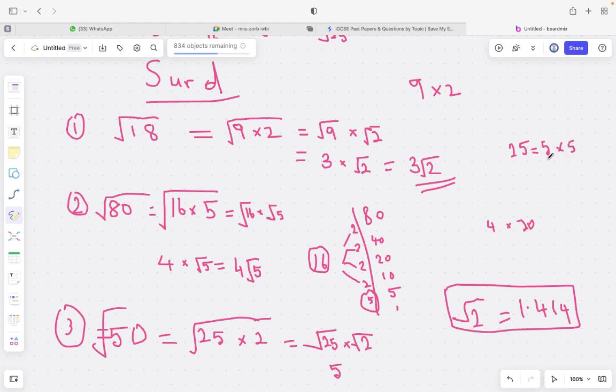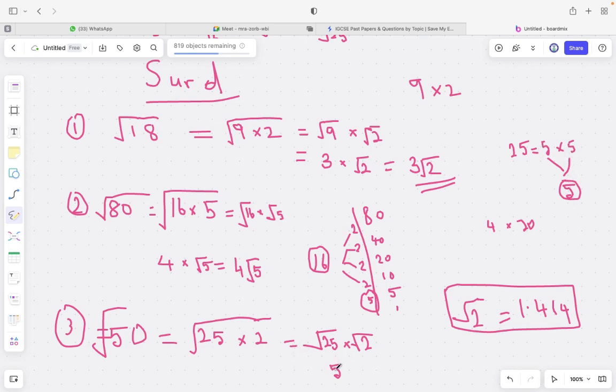So we say for 2 factors you take only 1 as the square root. For cube root, for 3 factors you take 1. For square root, for 2 factors you take 1. So since 25 is 5 times 5, to find the square root you just merge and take 1.